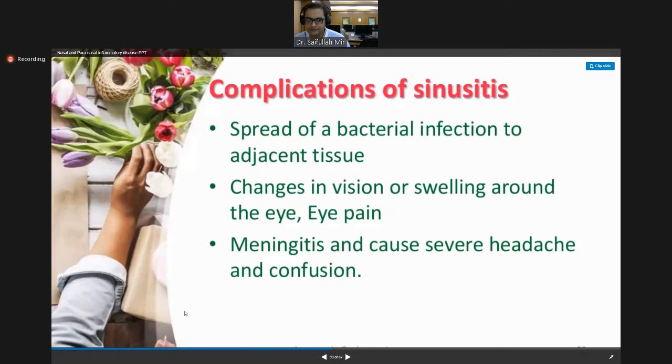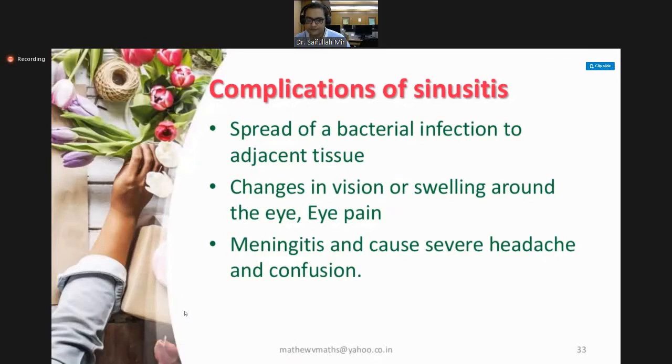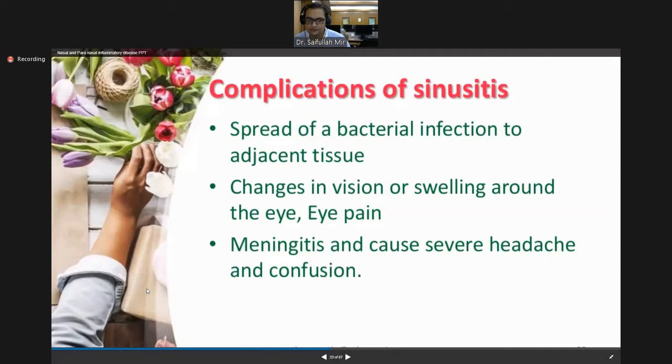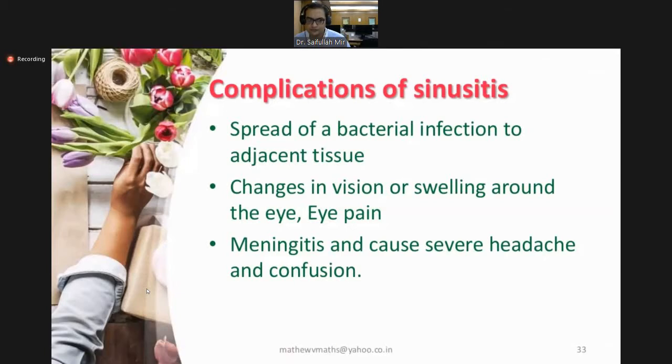Anybody? So around the sinuses are the eyes and the brain. So these are the two tissues that are affected by sinusitis.